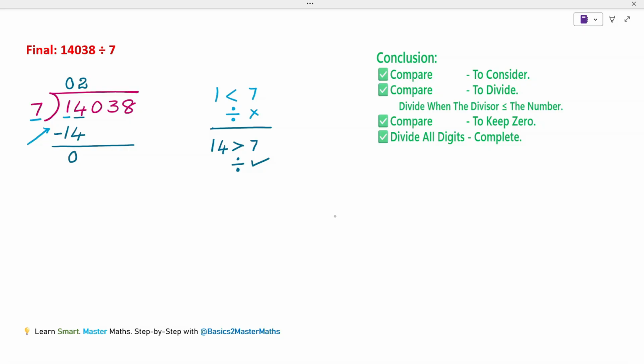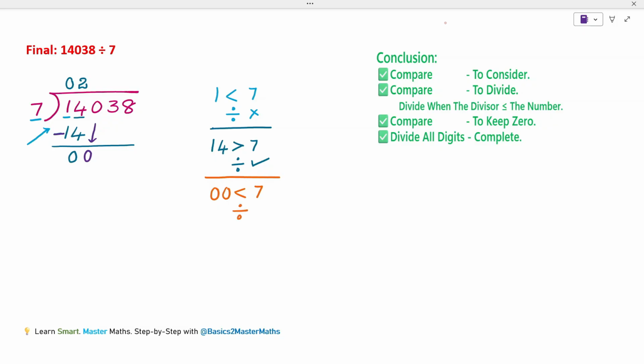Next, after subtraction, bring down only one digit from the dividend. So, bring 0 here. Now, the number formed is 0, which is less than the divisor 7.